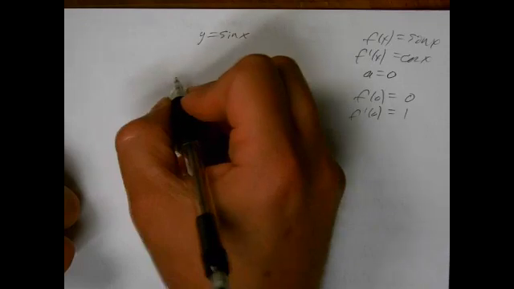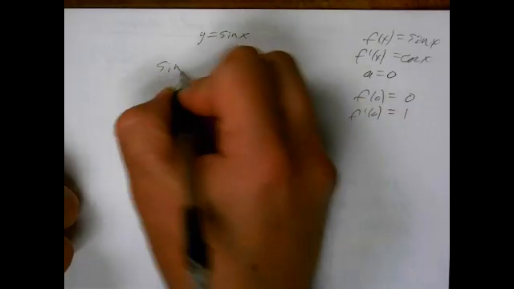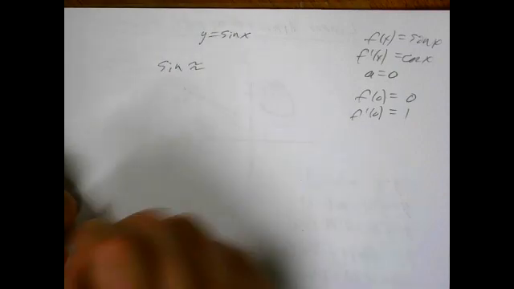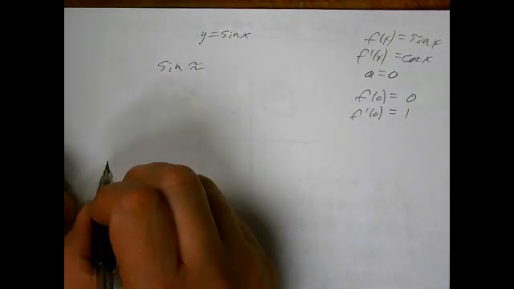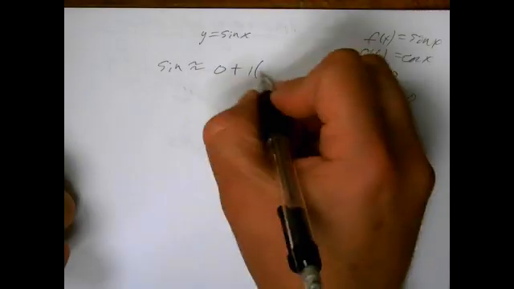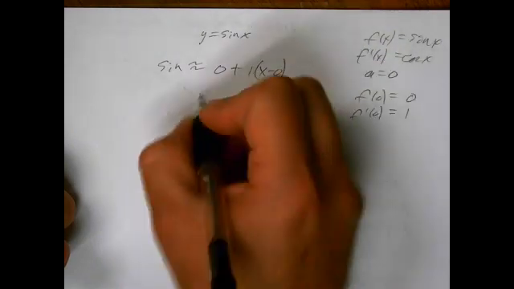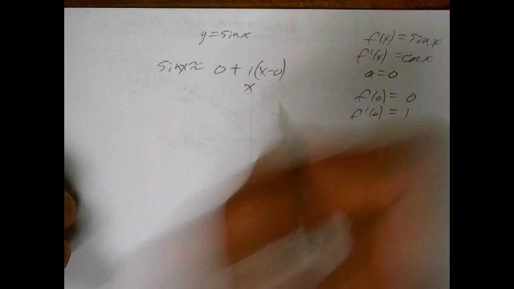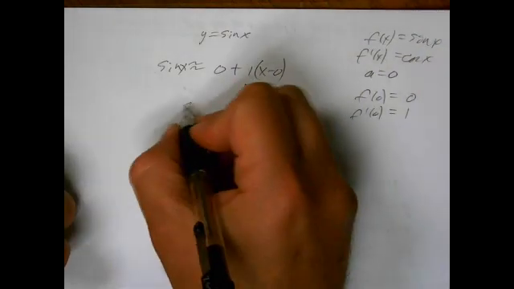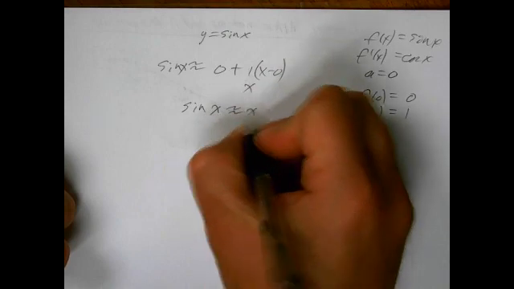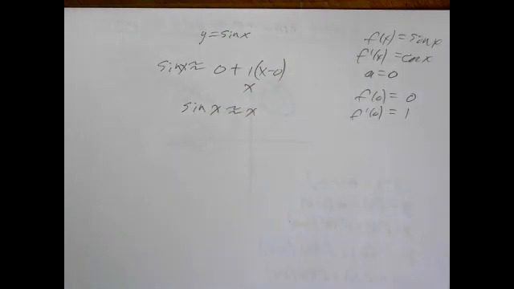So sine of x can be approximated by, and again, our formula is f of 0, which is 0, plus the slope, which is 1, times x minus 0, and this simplifies down to x. So what we find is the sine of x is approximately x when you're close to 0.